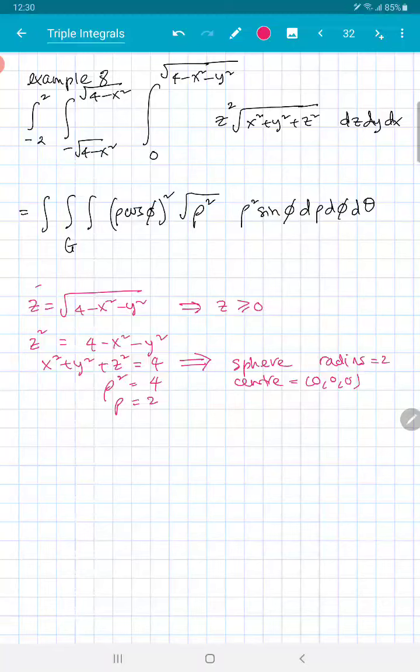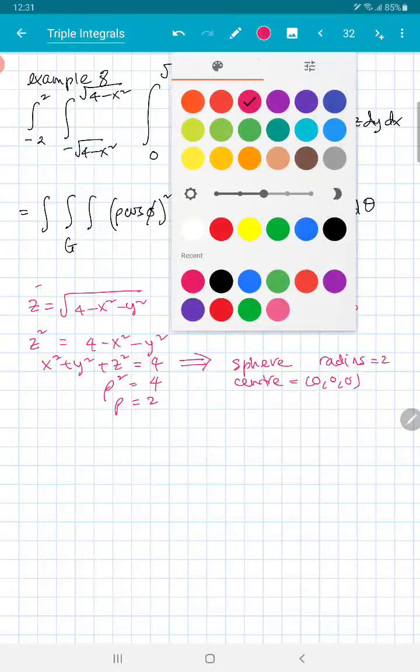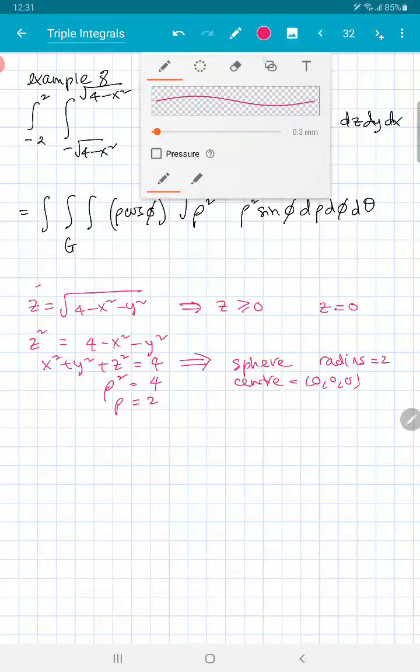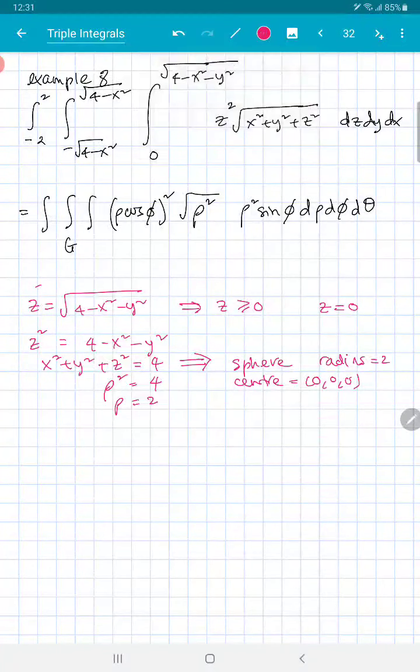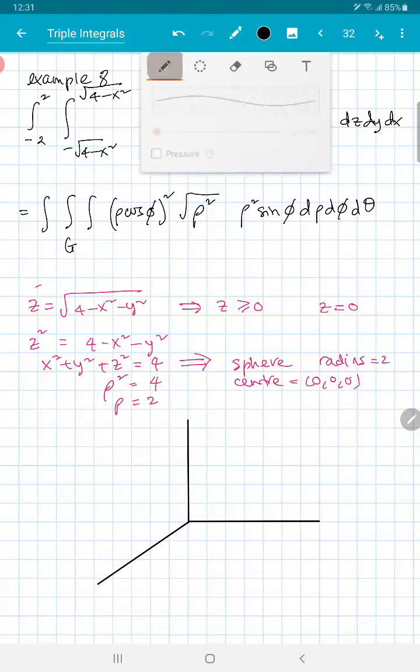The lower limit for z is z equals 0, which is just the xy plane. So from the upper and lower limits of z, we have an upper hemisphere with the xy plane as our lower limit for z. Let's sketch that.